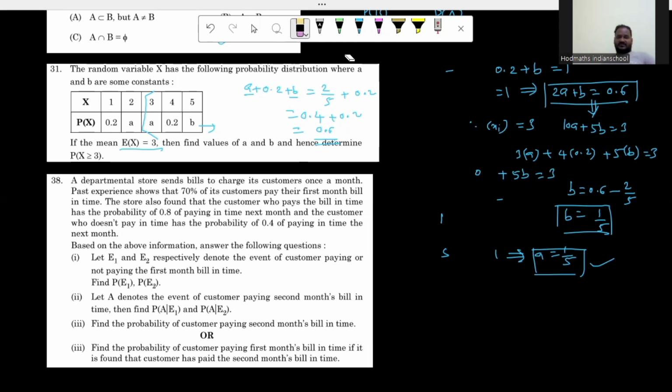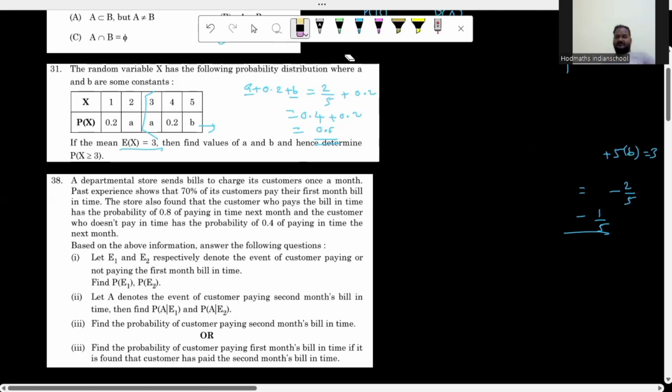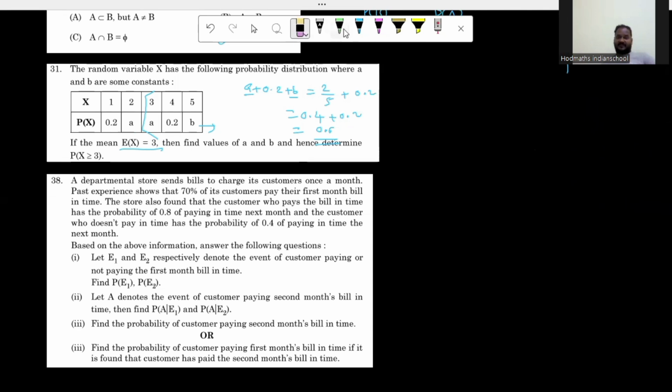Past experience shows that 70% of its customers pay their first month bill in time. So if 70% of the customers pay their first month bill in time, then can you tell me the probability of customers paying their first month bill on time? Yes, we can easily identify that.